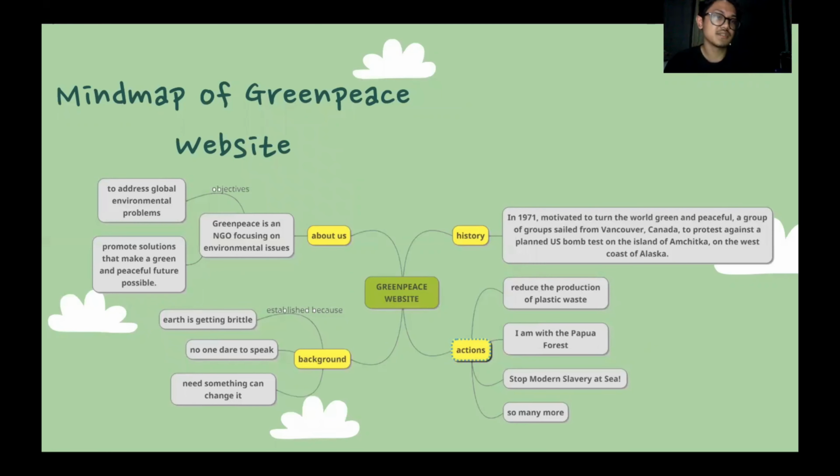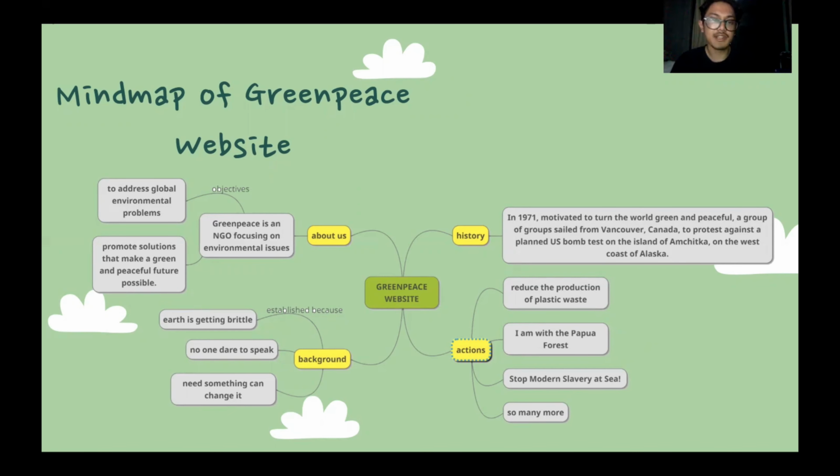So first, we have the mind map of the Greenpeace website. In the middle node, you can see the Greenpeace website. And then there are 4 branches, which are about the company and the history of the organization, the background, and the actions that the organization has taken.